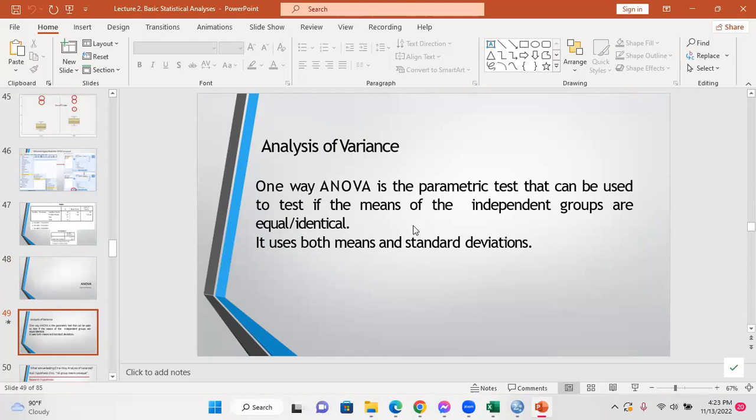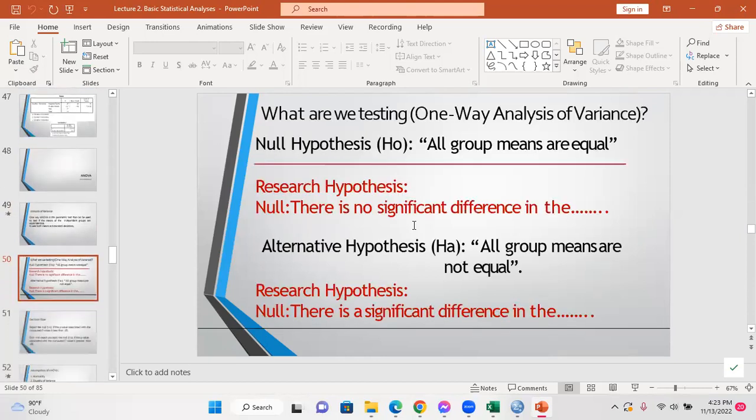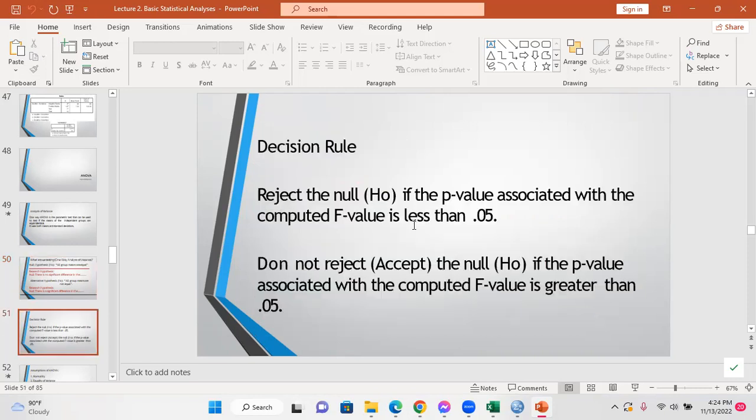One-way ANOVA is the parametric test that can be used to test if the means of independent groups are equal or identical. It uses both means and standard deviations. So null, again, there is no significant difference in the blah, blah, blah. Hindi na tayo mag-alternative. Null lang tayo.